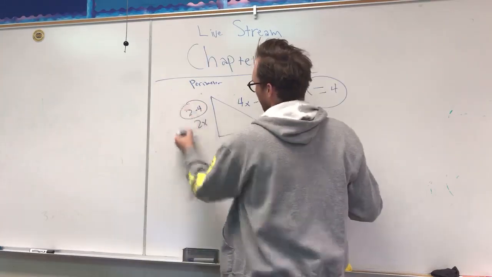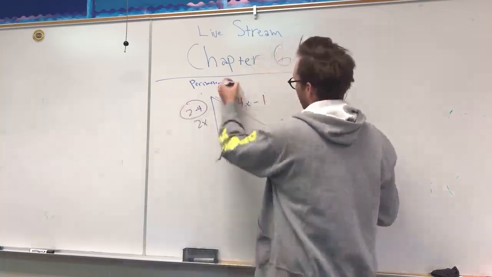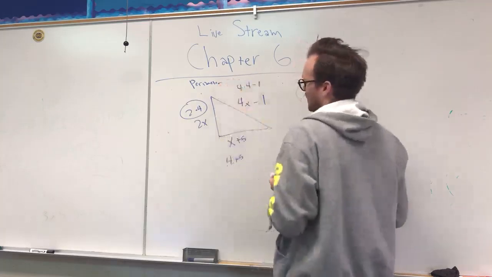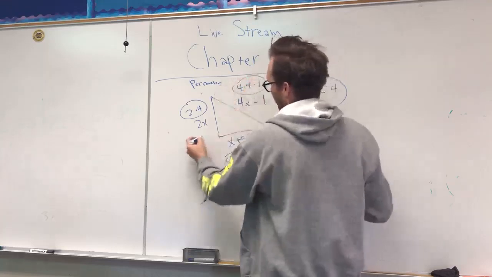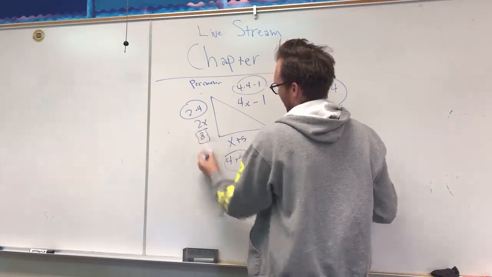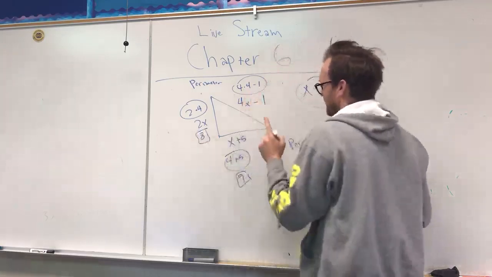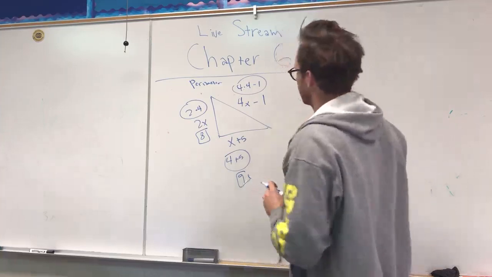2 groups of 4. I got 4 plus 5, and I got 4 times 4 minus 1. This side would be 8. This side would be 9. This is a tricky side.